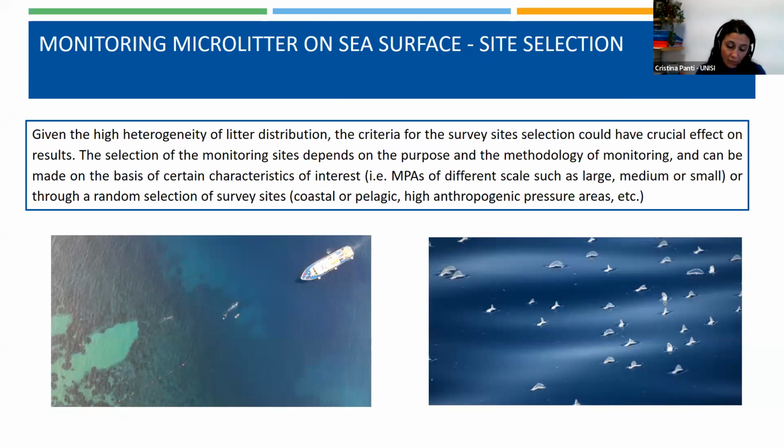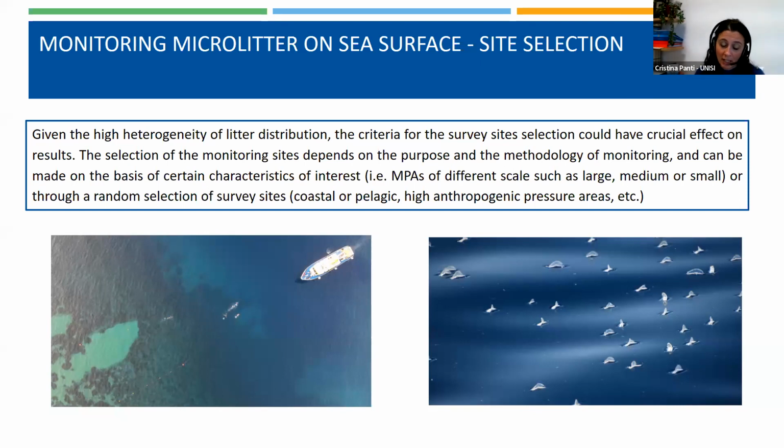You know that floating macro and microlitter varies because of ocean currents, because of winds, because of the vicinity to the sources of anthropogenic litter, and also because of the oceanographic features of the site that you are surveying.